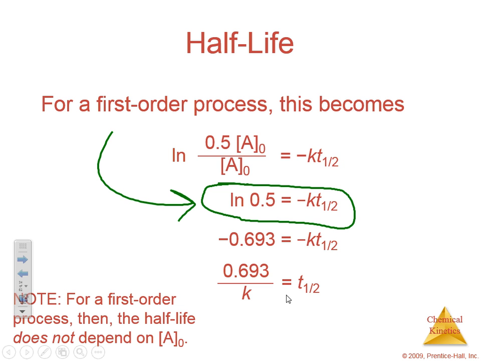In a first order process, the natural log of 0.5 is equal to negative k times t 1/2. Mathematically rearranging, the natural log of 0.5 is negative 0.693. So in a first order process, to solve for the half-life, very simply, 0.693 divided by k will give you the half-life. This shows the steps in which you got there by plugging in our concentration of A at t.